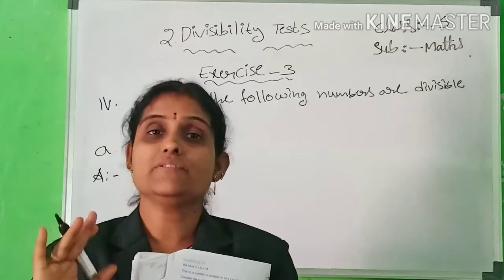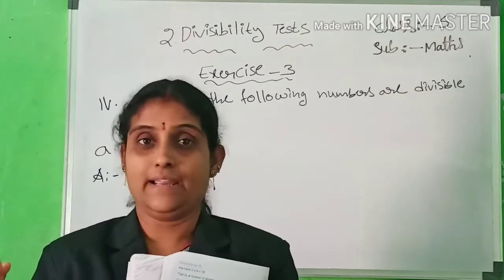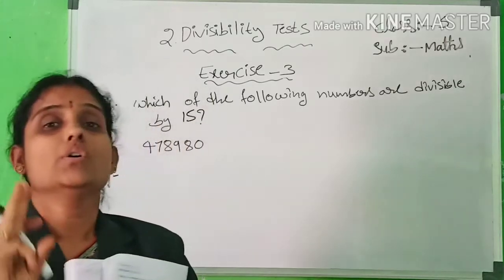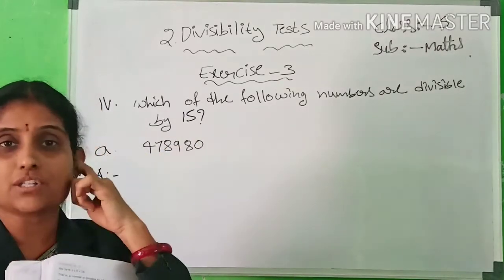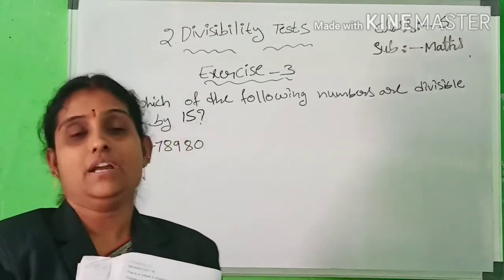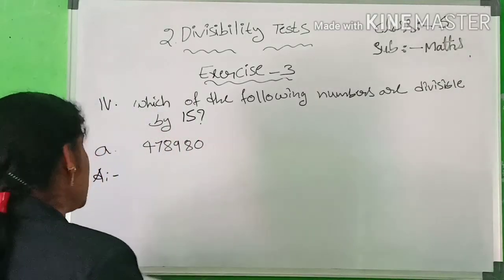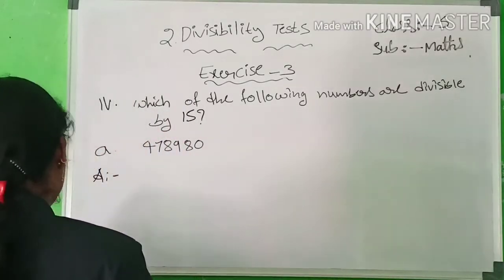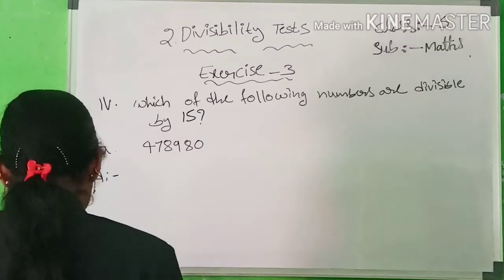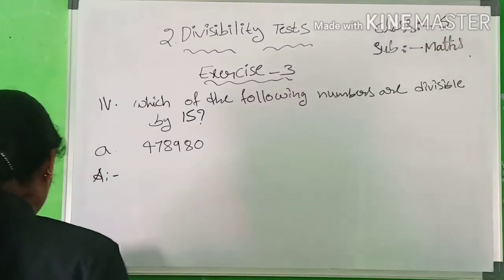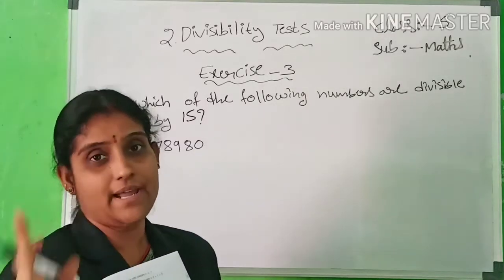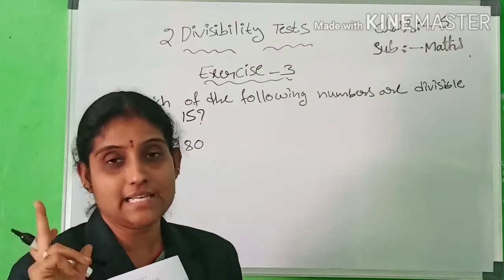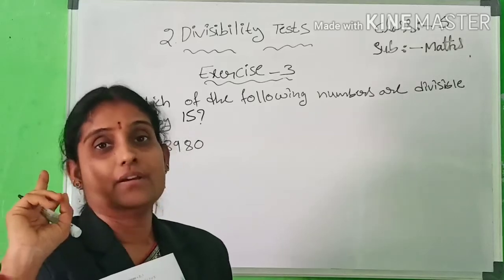If the number is divisible by both, the total number is also divisible by 15. Now, what is the divisibility by 5 rule? Yes, the number ends in 0 or 5. Then that number is exactly divisible by 5.